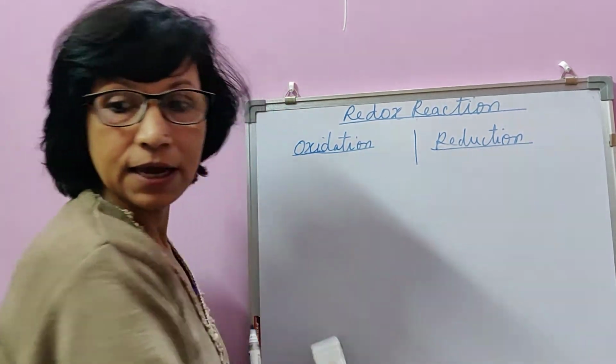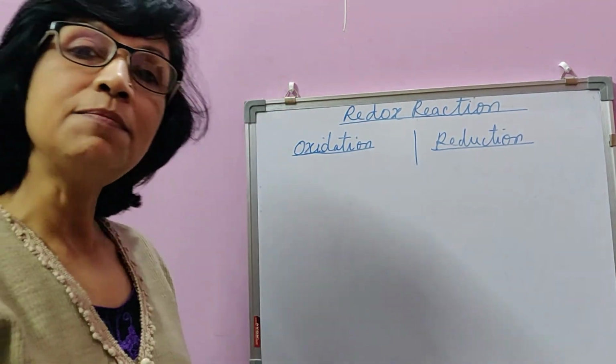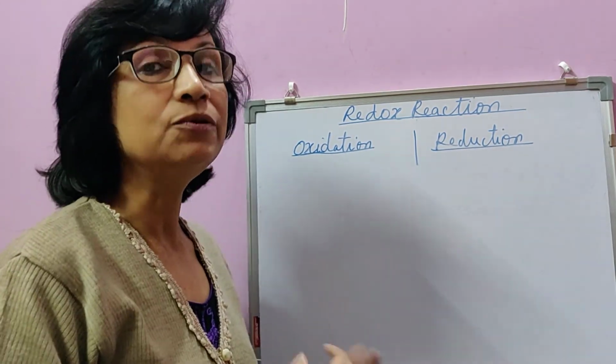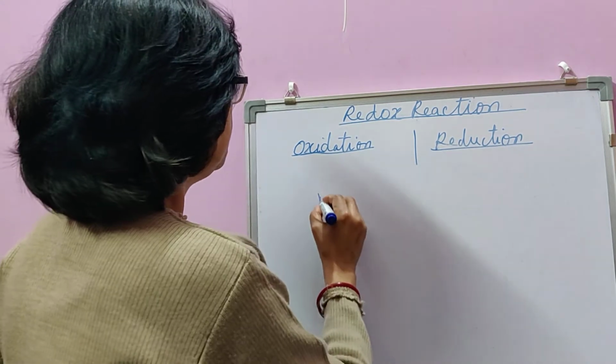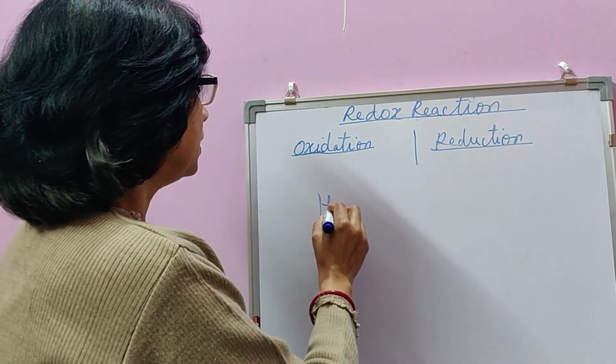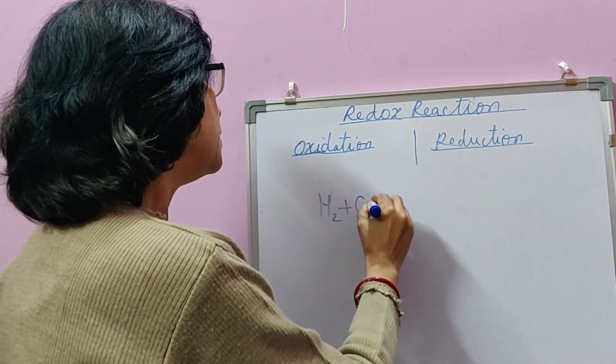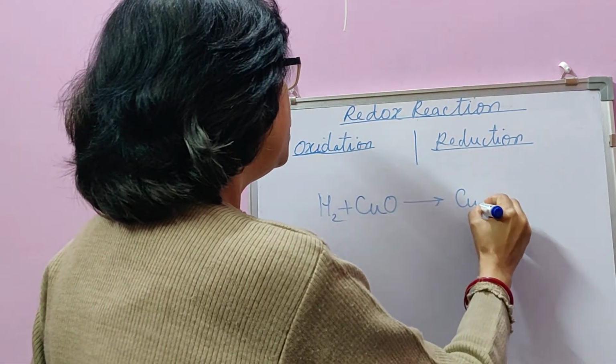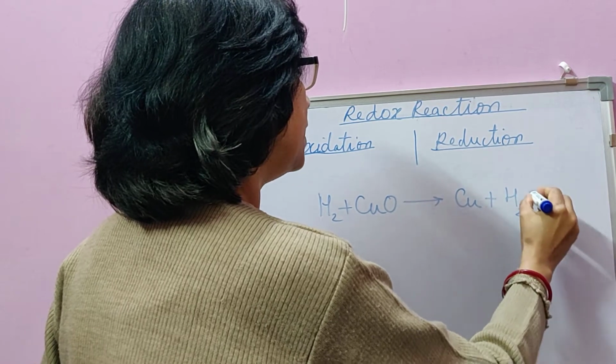Now let's discuss that a single oxidation or single reduction reaction doesn't take place. When a substance gets oxidized, at the same time another substance taking part in the reaction gets reduced. How? Let's take the example of H2 plus CuO. It converts into Cu plus H2O.